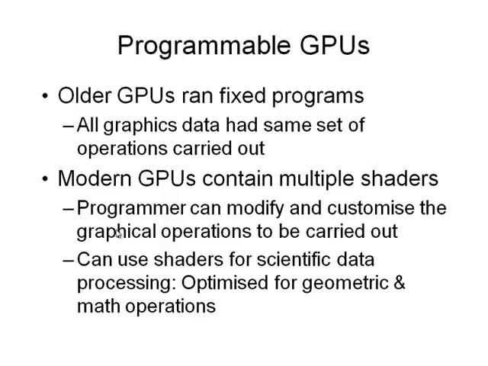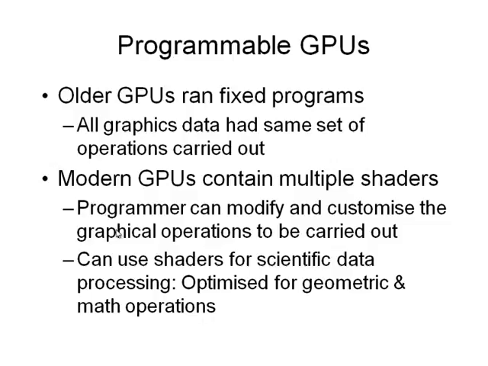And that's a relatively recent innovation. Older GPUs had fixed programs, so all graphics data had the same set of operations carried out. You could programmatically opt to have particular steps applied or not applied, but you couldn't run your own programs on the graphics processor unit. So your CPU might pass in data to the GPU and tell it what to do, but it couldn't give the graphics processor unit a new program to run on it.